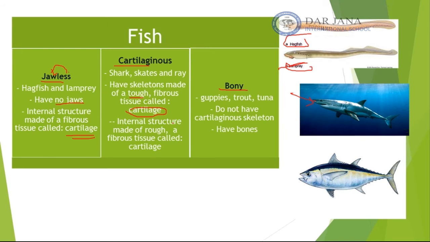The third class of fish is the bony fish. Examples: guppies, trout, and tuna. Here is an example showing you the tuna. They don't have a cartilaginous skeleton. Instead, they have bones. That's why they are known as bony fish.